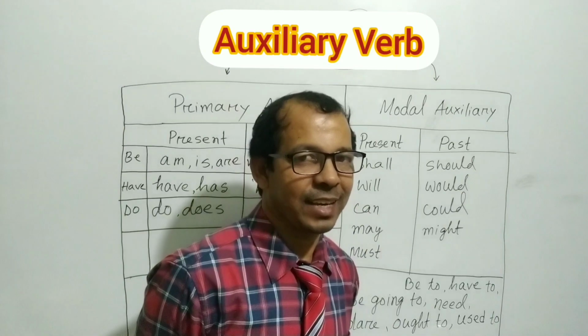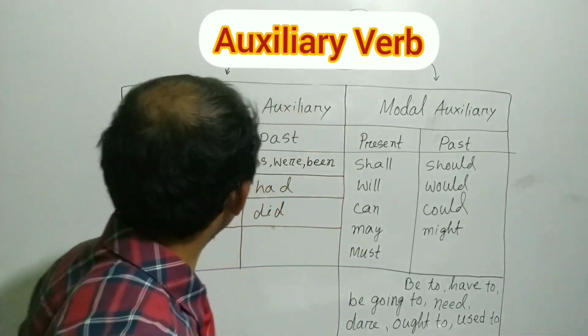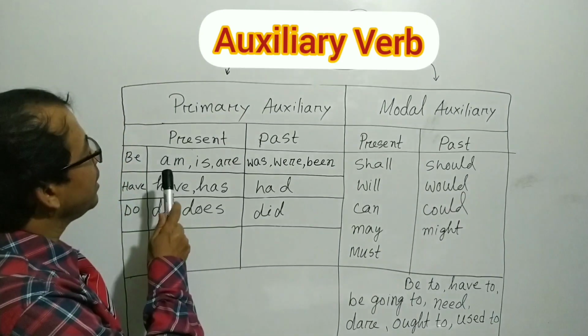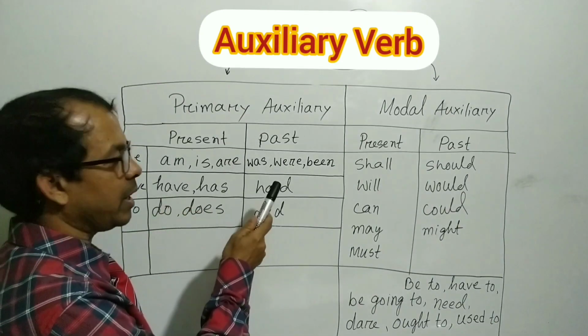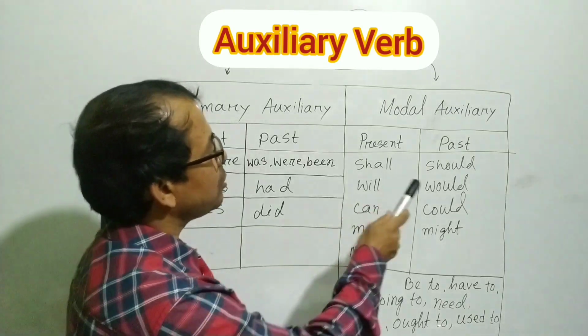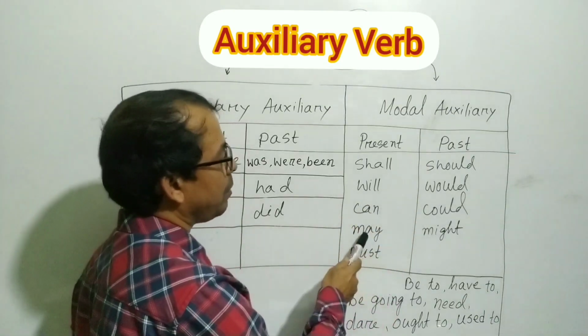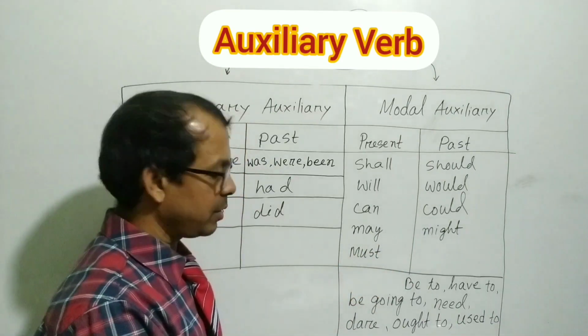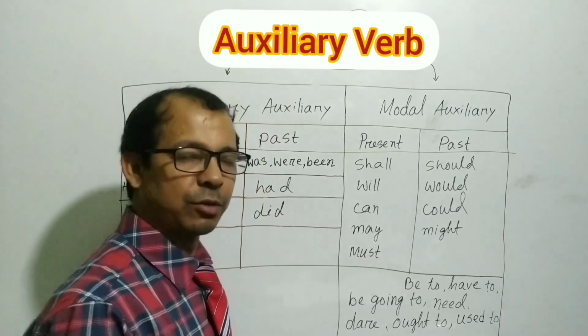Okay, let's see how to memorize. My dear student, you will say like this: am, is, are, was, were, been, have, has, had, do, does, did. Shall, should, will, would, can, could, may, might, must, be to, have to, be going to, need, dare, used to.